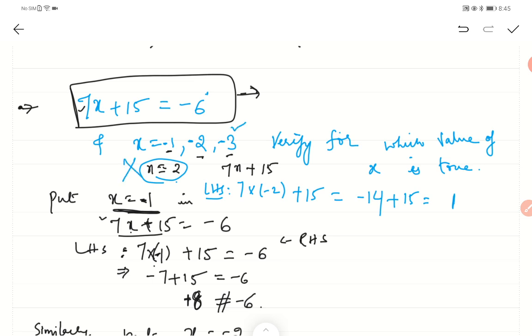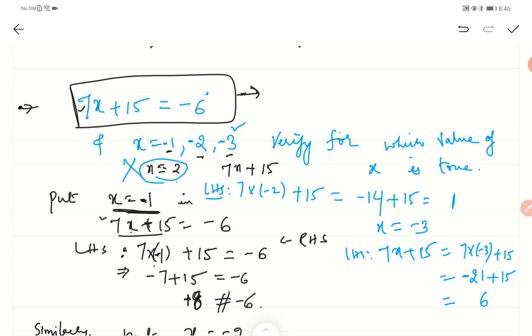Let's take the last value of x given, that is x = -3. If I substitute in 7x + 15, that is the LHS side I'm taking, 7 into -3 plus 15. 7 threes are 21, that is -21 plus 15. So -21 plus 15 is what? 15, 16, 17, 18, 19, 20, 21.